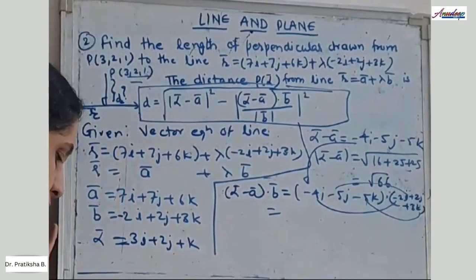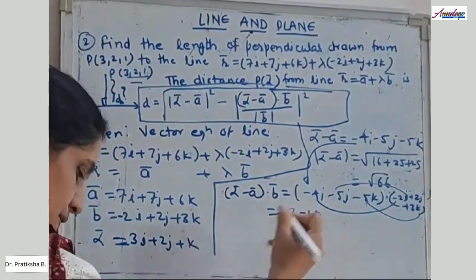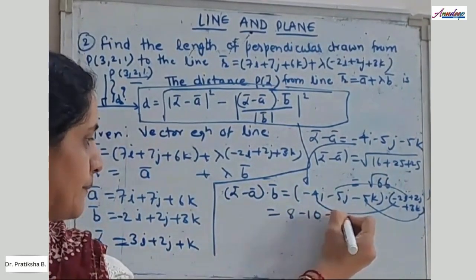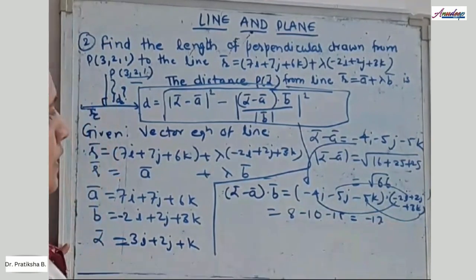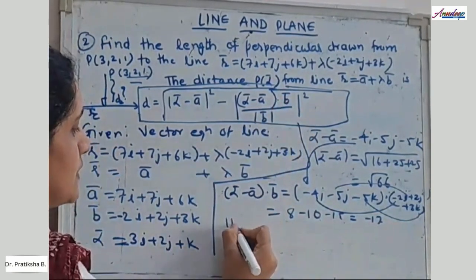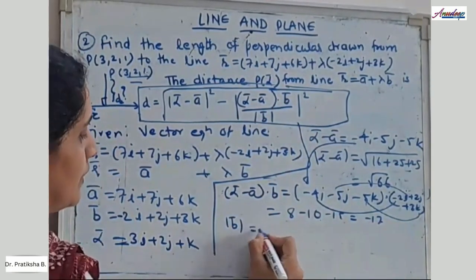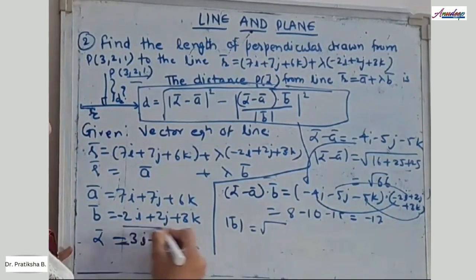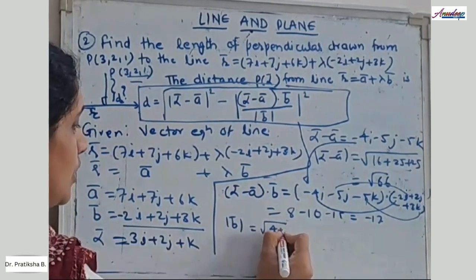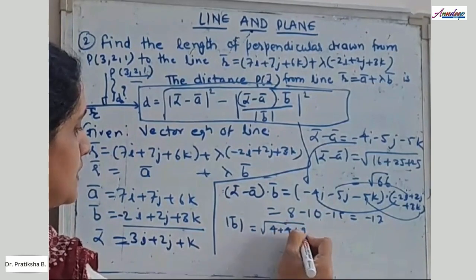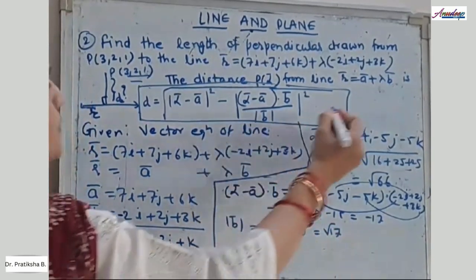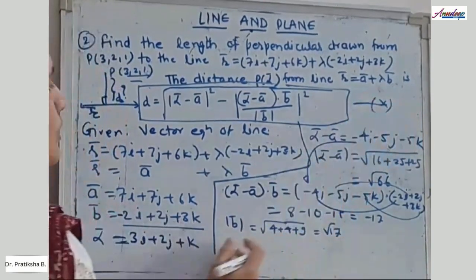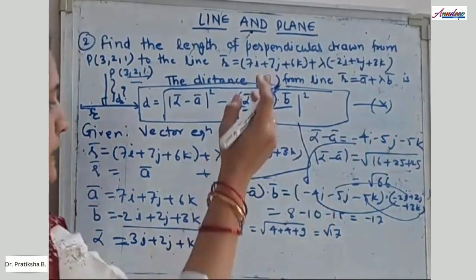We get 8 minus 10 minus 15, which is equal to minus 17. One more term we need is the mod of b vector, the square root of the sum of squares of the coefficients, 4 plus 4 plus 9, giving root of 17.